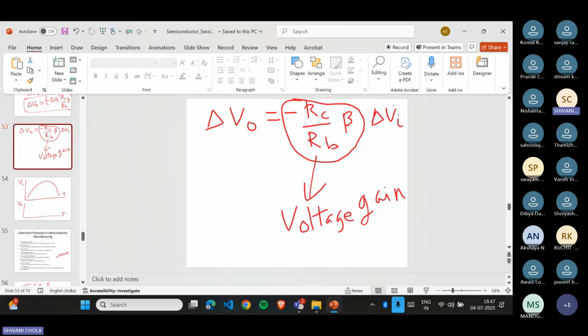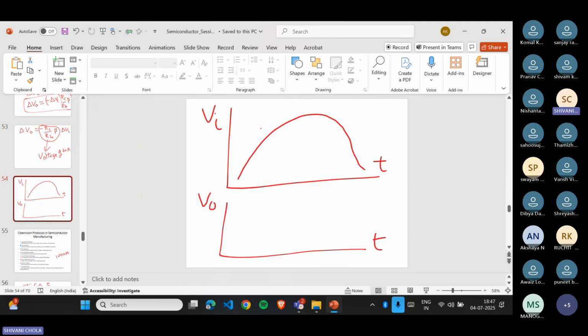I'll explain. If the difference is negative, then negative into negative will be positive, so delta V will be some positive value. In the first half, your delta Vi is positive, right, since your Vi is increasing with time. True?